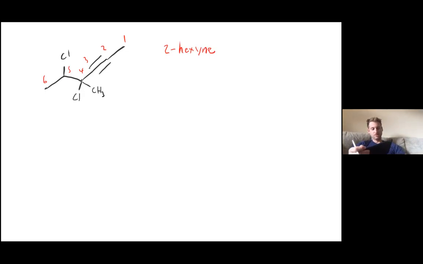So on 4, we've got a methyl. 4, we also have a chloro. 5, we have a chloro.